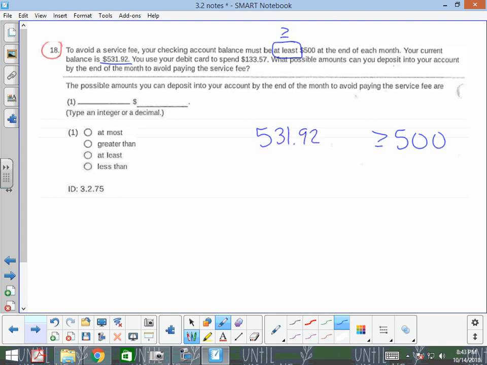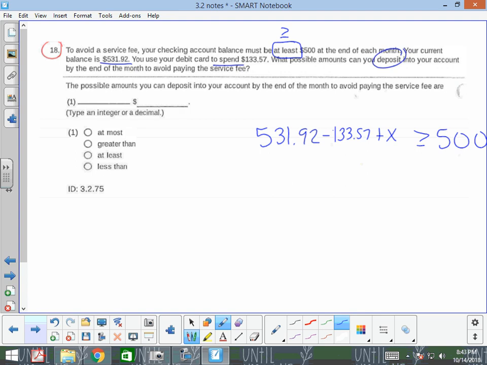You use your debit card to spend, so when we spend money, we're subtracting that, $133.57. All right, so what possible amounts can you deposit into your account by the end of the month to avoid paying a fee? So plus x. So deposit means you're adding.